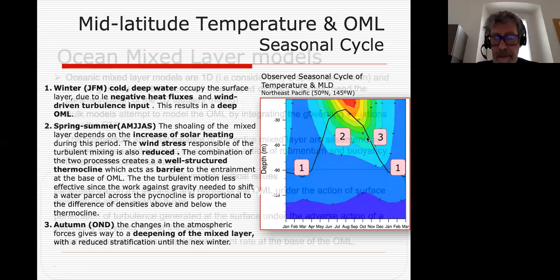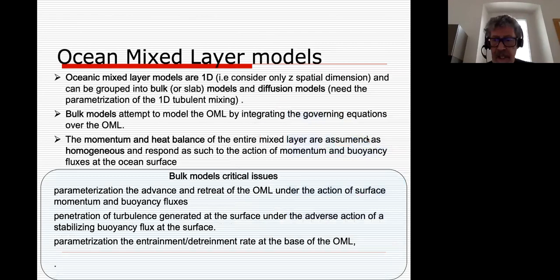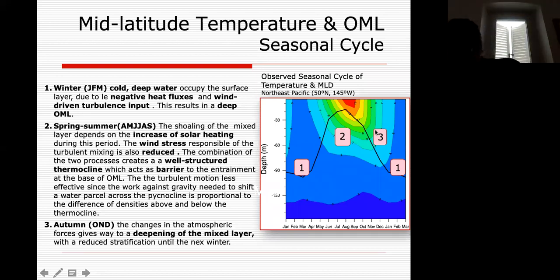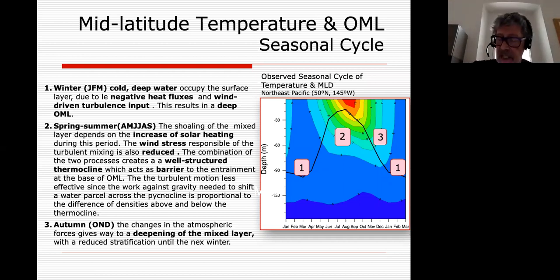You can also see that the thermal energy is constantly reduced. This means that the temperature gradient at the base of the mixed layer is also reduced, and entrainment can be more effective. And progressively, we are going back to the initial condition we found in January, so in the previous winter.